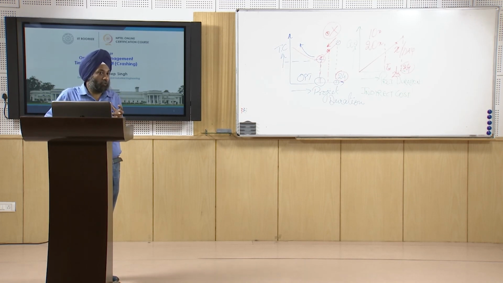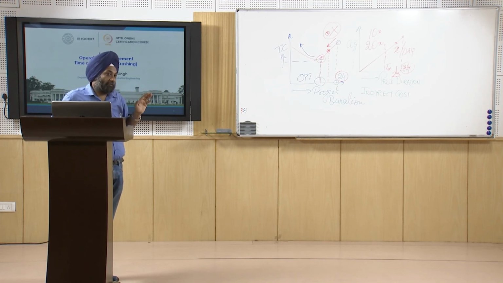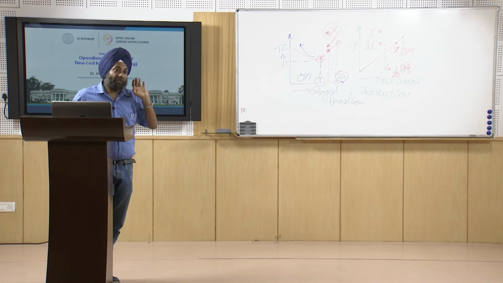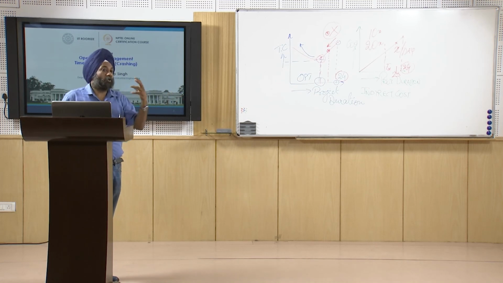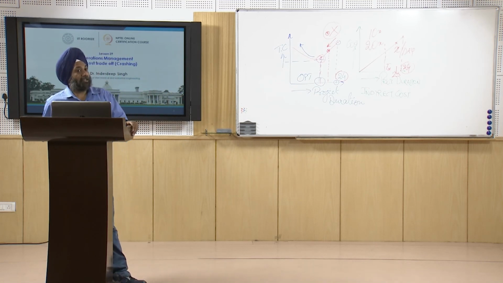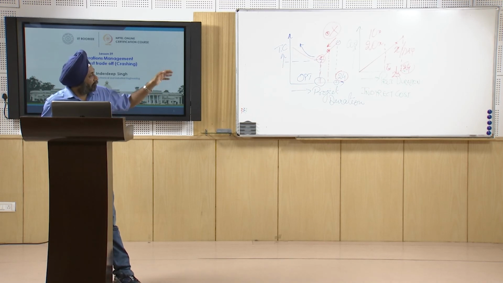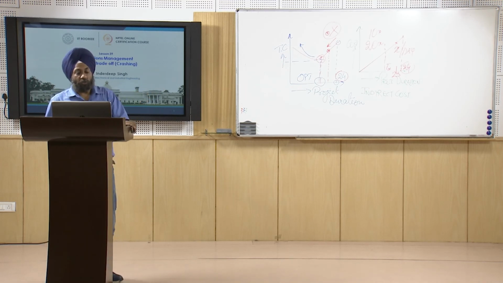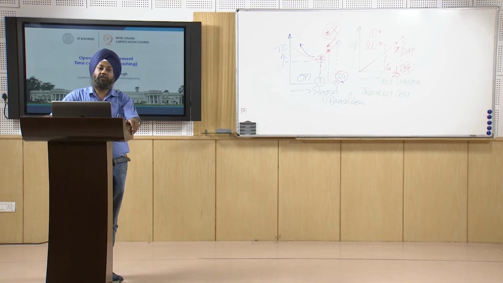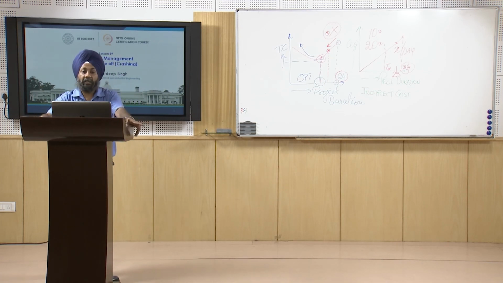So what we need to do is crash, do the activities quickly, and spend more money, increasing the direct cost or cost of crashing, but at the same time we save some money from the indirect cost also. Penalty clauses sometimes lead to the crashing of activities, and sometimes we need to put resources on a new project.